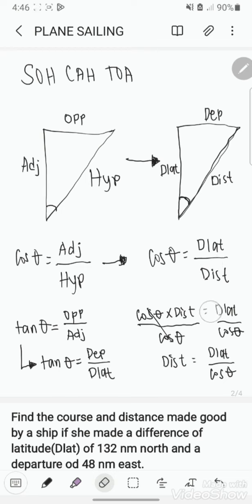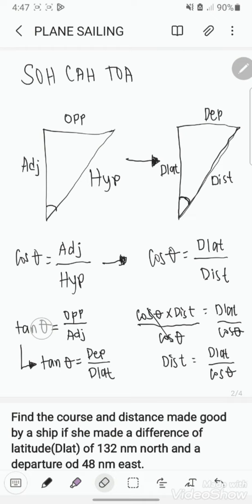To cancel out the cos theta, we divide both sides by cos theta, and the distance remains. So distance equals dlat over cos theta. That is the formula for distance.